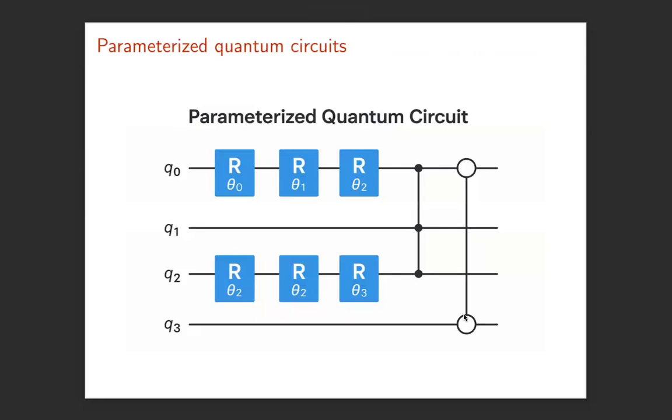A typical parameterized quantum circuit could involve performing all these rotations. Like in the previous case, we had an example with 8 features, which we could encode into 4 qubits, where for each qubit we needed 2 angles. We had a rotation around the y-axis and a rotation around the z-axis for each qubit.